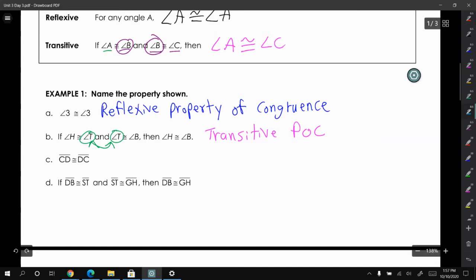Now this one, segment CD is congruent to segment DC. Remember, when you're naming segments, the order doesn't matter. Segment CD is the same as segment DC. So this is the reflexive property of congruence.